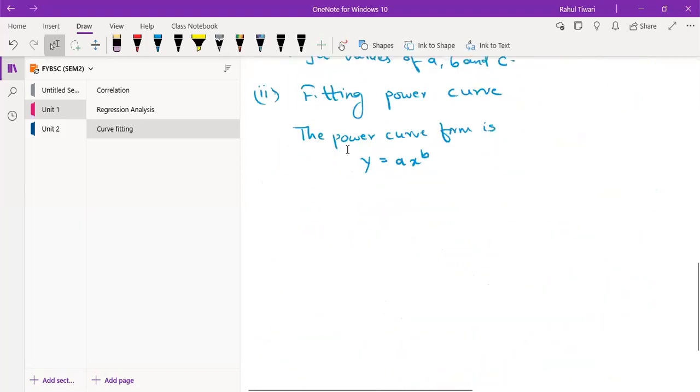So I can apply the method of least square here to get the values of parameters a and b, provided the values of x and y are given to me. I can apply the method of least square. But how? Okay. So for this case, we need to take log on both sides.